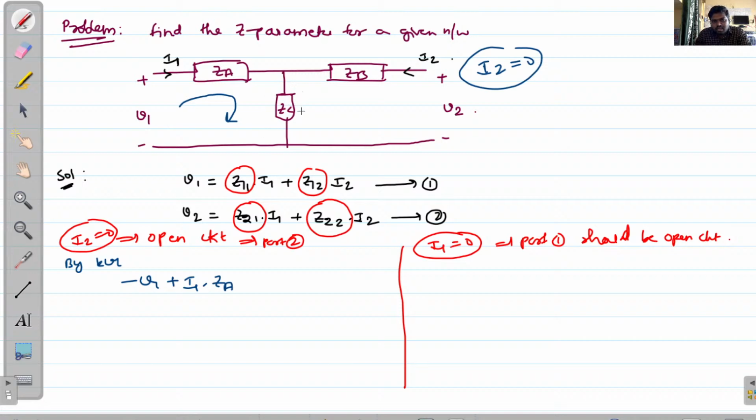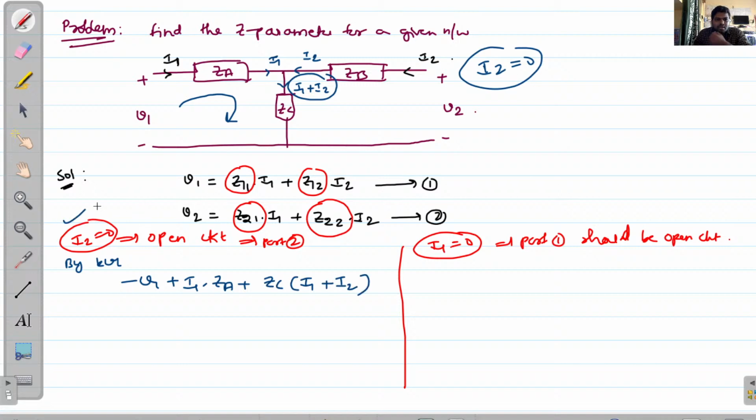If you observe this ZC element, the current flowing through ZC equals I1 plus I2. At this point we have I1 amount of current, at this we have I2 amount of current. Now I1 plus I2 amount of current flows through this particular ZC, so I am taking ZC into I1 plus I2.